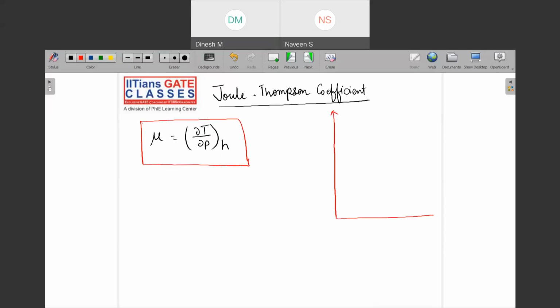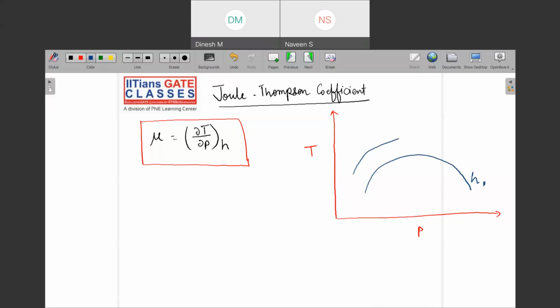So what is this Joule-Thomson coefficient? Let me help you to understand. See, you are trying to draw constant enthalpy lines on the TP axis. If this is your temperature axis and this is your pressure axis, then you are trying to identify the constant enthalpy lines, and when we look, our constant enthalpy lines are like this one. Okay, so this is your H1.